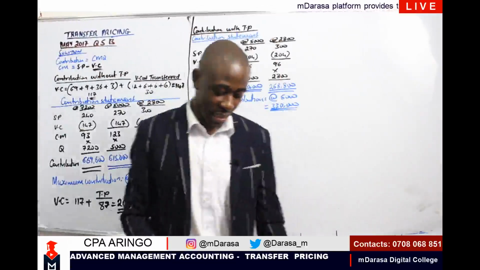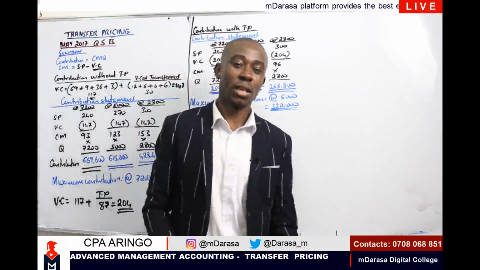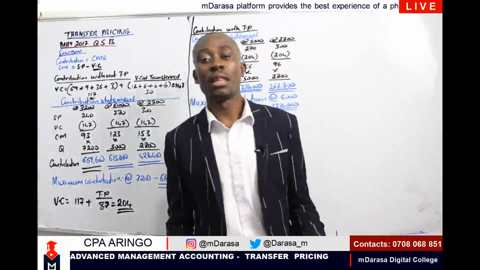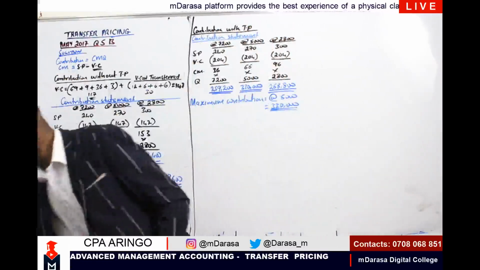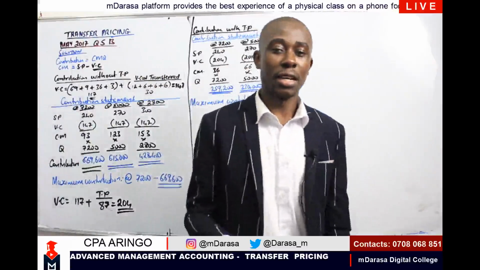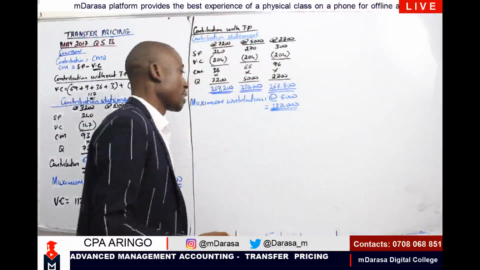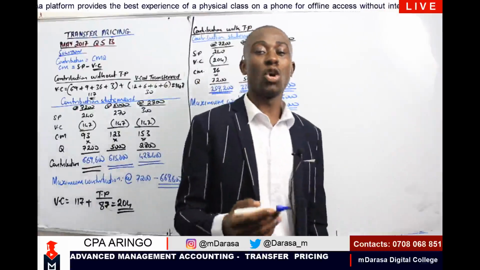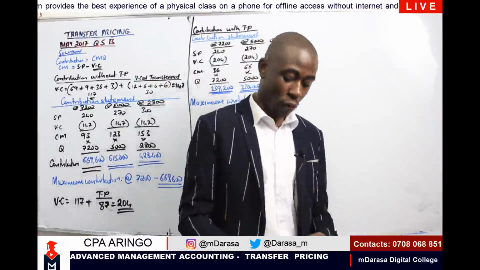After we've done that, remember our main agenda here is to determine the effect of the transfer price to the company's profit. And that should take us to step number 4 in advising the company. So to advise the company based on what? To advise the company based on the profits.